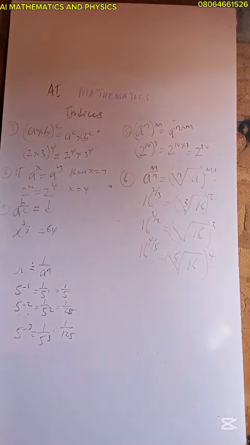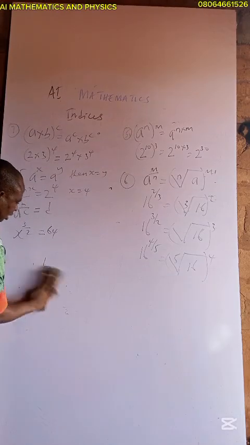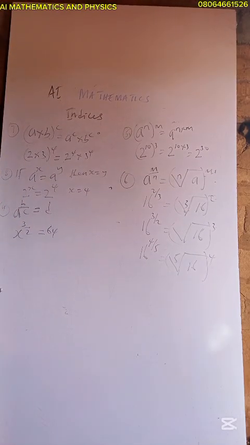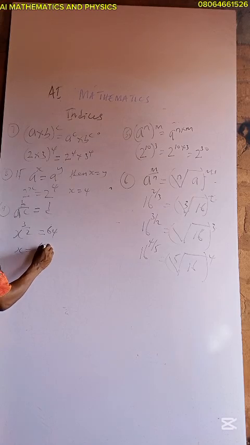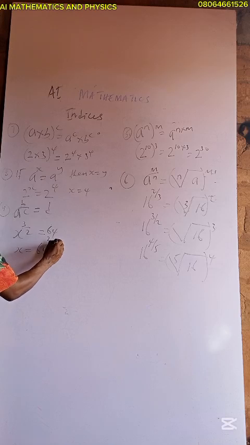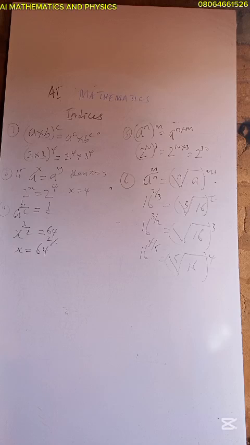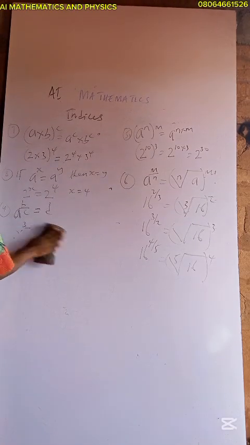What would be the X? Our X now will be equal to 64 raised power 2 over 3. Let me try to portray this point very well.